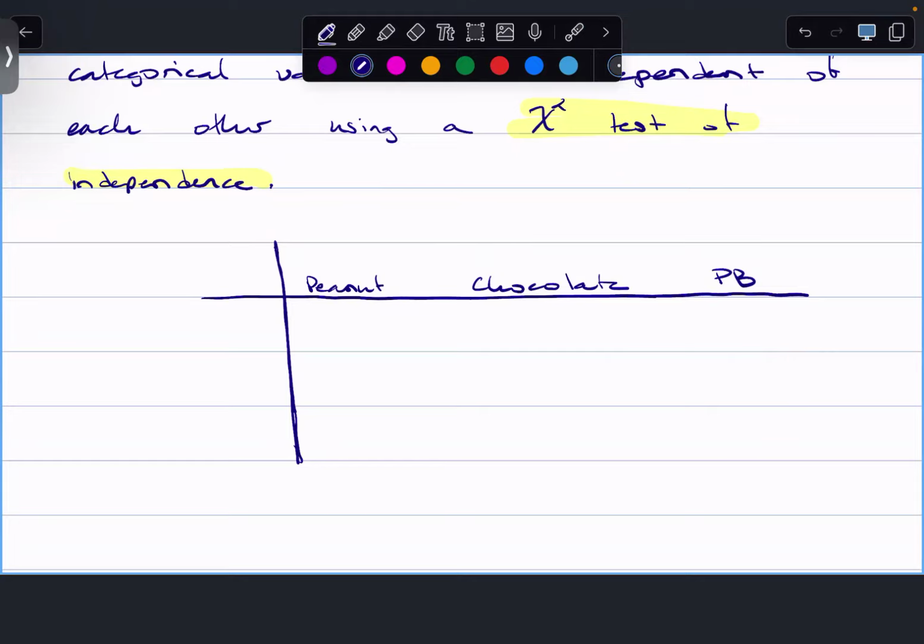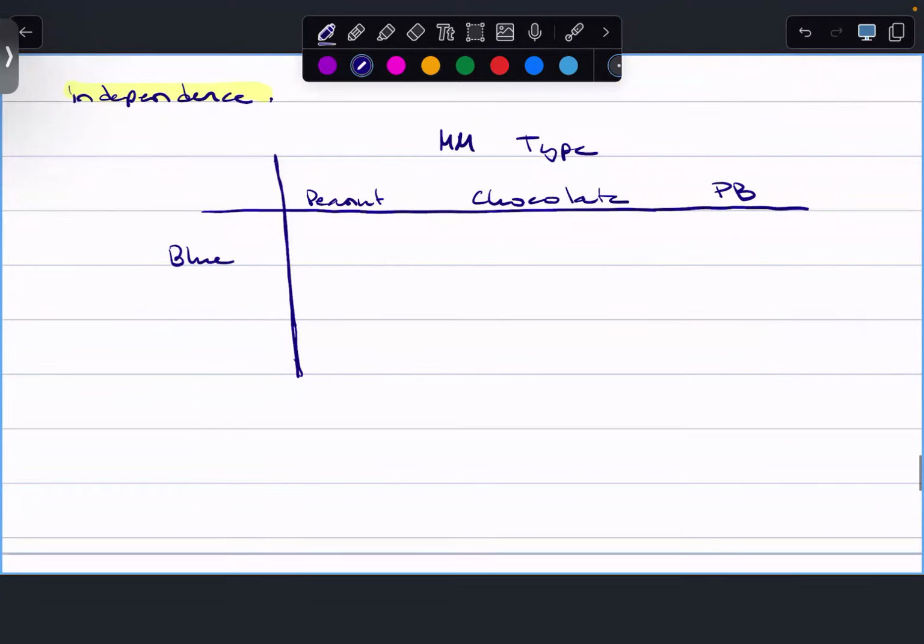That's probably good. So here, M&M type is a categorical variable with 3 categories. And let's say, was it blue, red, green? M&M color is another categorical variable, right?